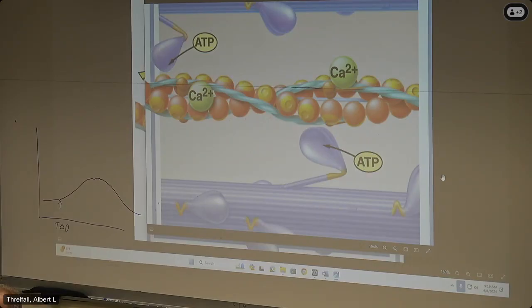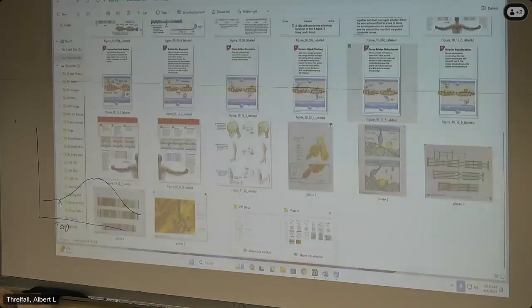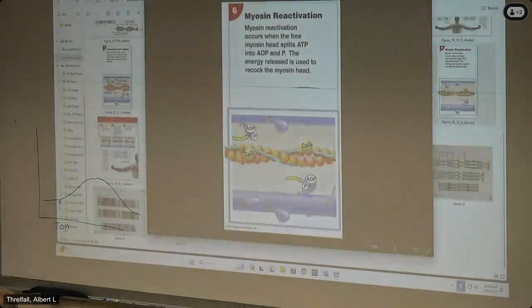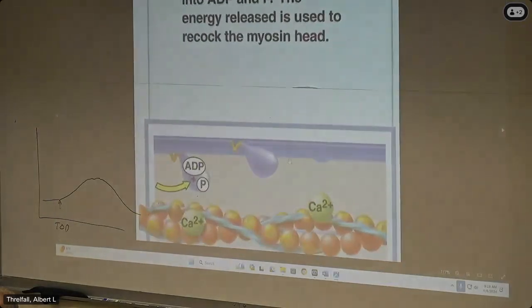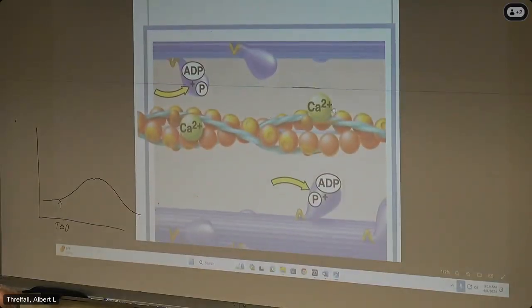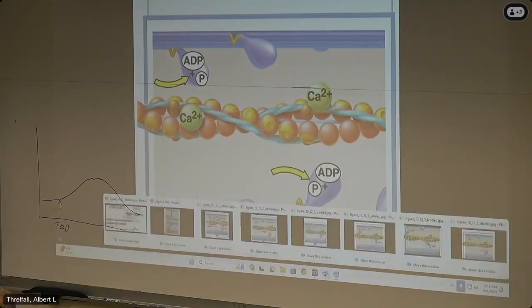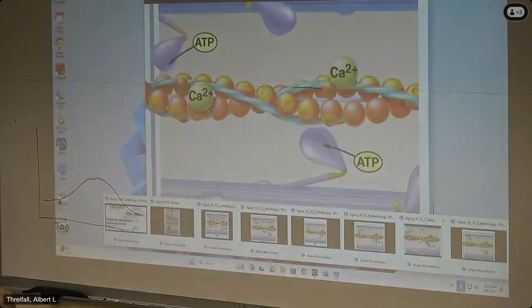So the heads bind ATP, the cross bridges break. Where'd the ATP go? Here the head is binding ATP. Cross bridge is breaking.